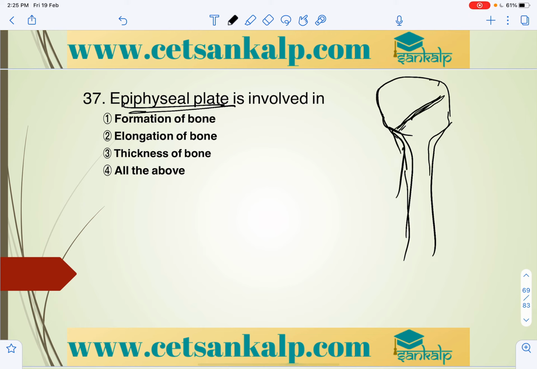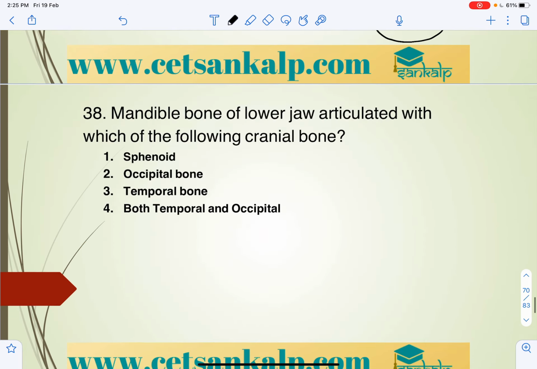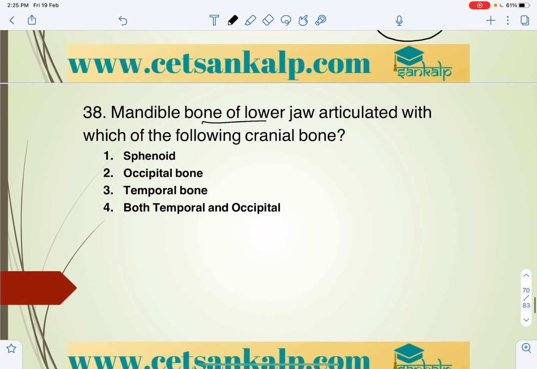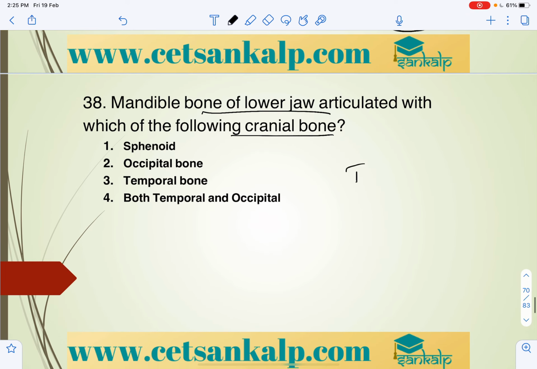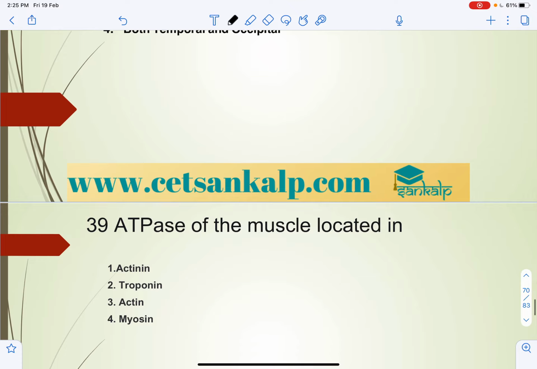That epiphyseal plate helps in the elongation of bone. And the mandible, the bone of the lower jaw, articulates with which cranial bone? I already mentioned that the lower jaw is movable and articulates with the temporal bone.